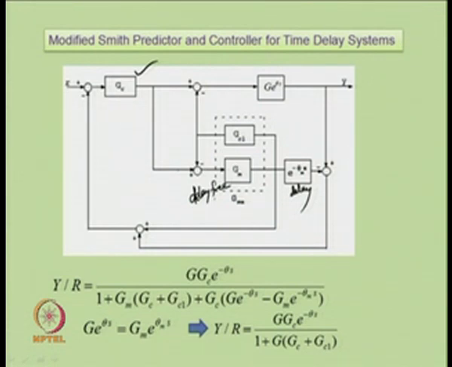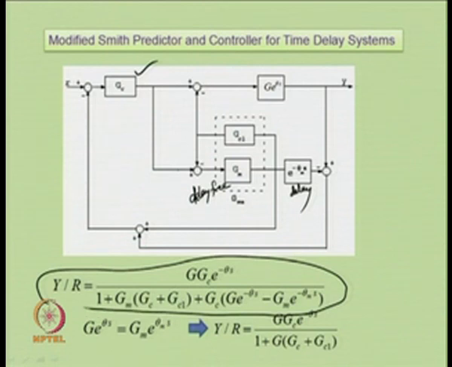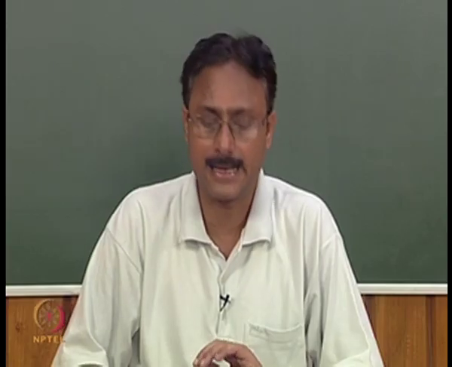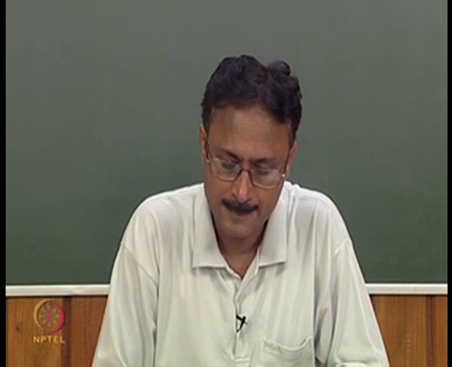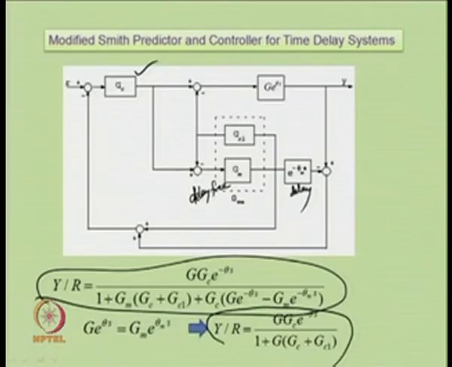You can make out when you look at the closed loop transfer function with respect to the reference input. We get a closed loop transfer function of this form, and when we assume that the plant model dynamics accurately matches the plant dynamics, the closed loop transfer function becomes y upon r s equal to G G c e to the power minus theta s upon 1 plus G G c plus G c 1 s.